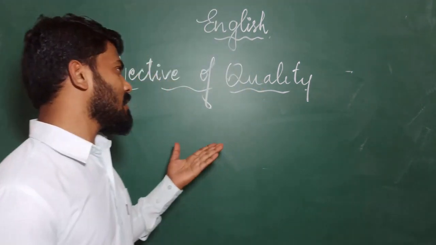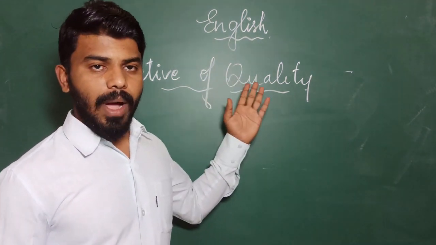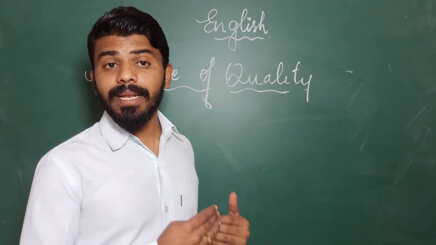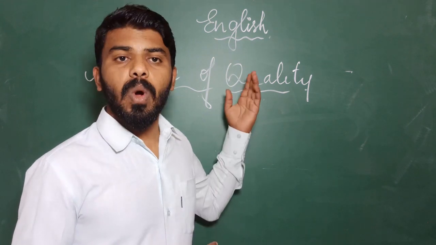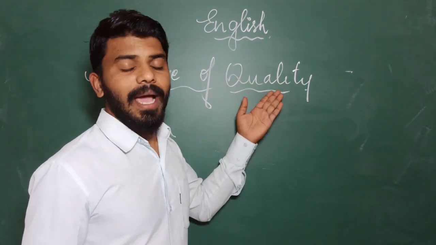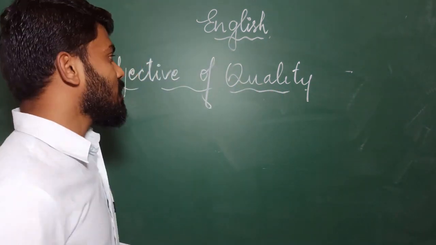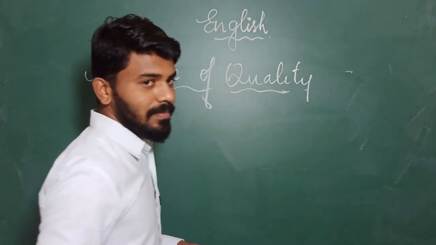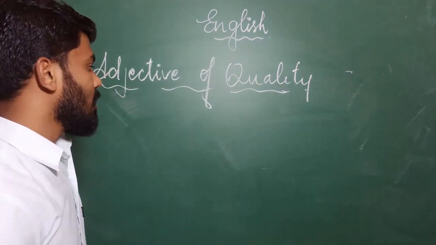So the first one is adjective of quality. Let us look at the example and tell what is the adjective of quality. I don't have to define it for you. The very name tells what the answer would be.